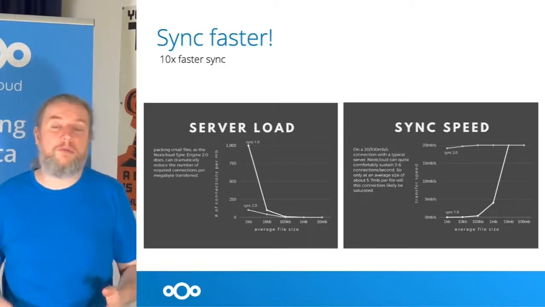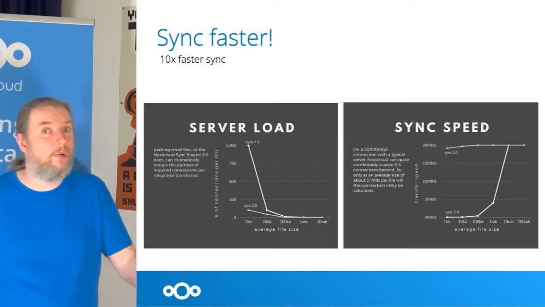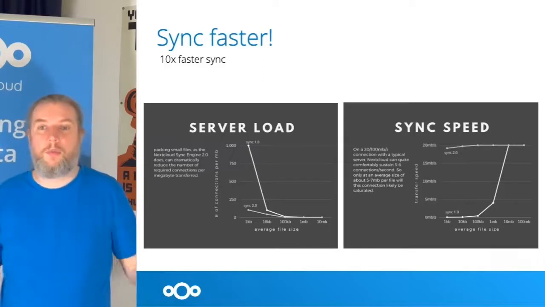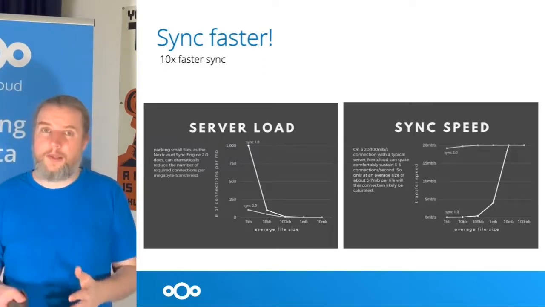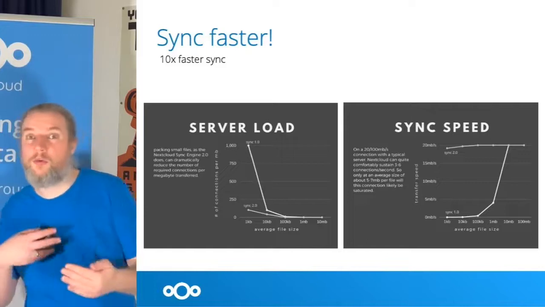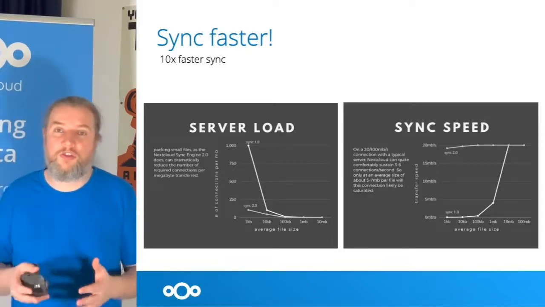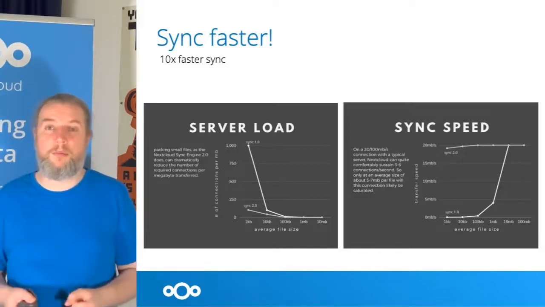So this can give a really significant performance improvement. And of course, reducing the load on the server from all these unnecessary connections. So, win-win. So again, after the high-performance backend that gives you instant synchronization, you now also get faster synchronization. So the synchronization itself is sped up this way.